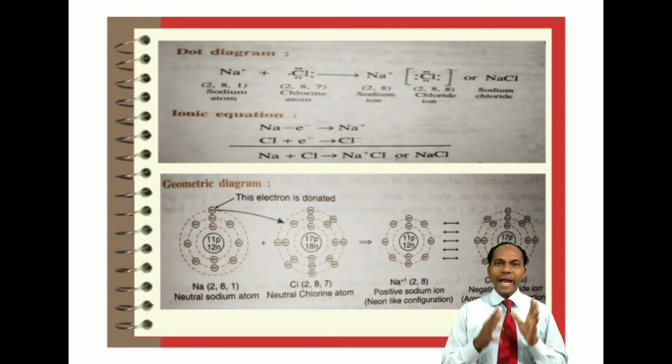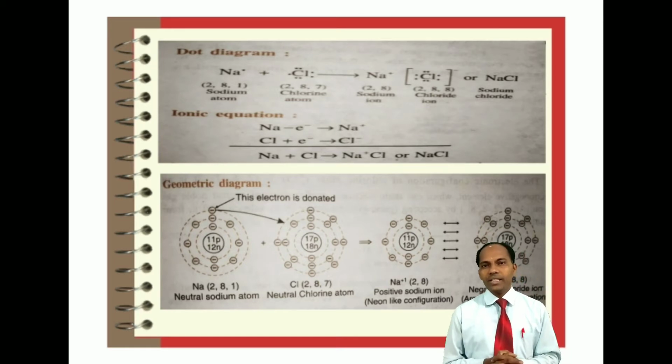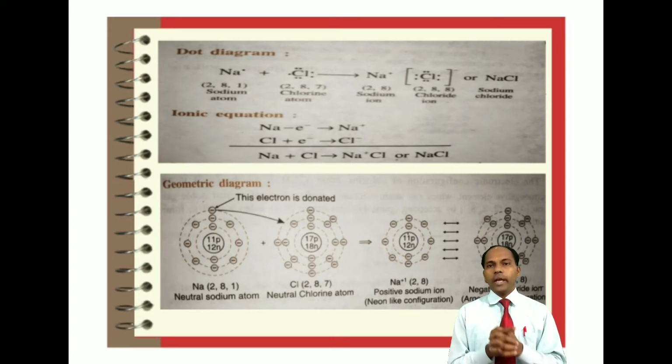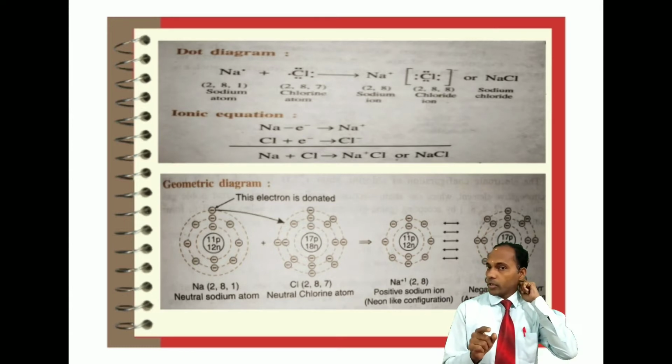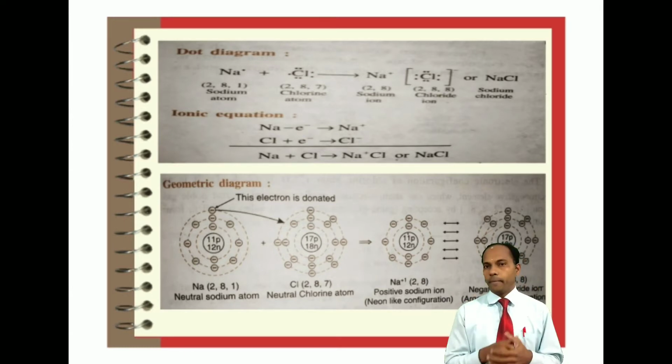And if you go through the geometric diagram, sodium's electronic configuration is 2, 8, 1. It has 1 electron in its outermost shell. So it has 3 shells: first shell 2 electrons, second shell 8 electrons, and third shell only 1 electron. Chlorine also has 3 shells: first shell 2 electrons, second shell 8 electrons, and third shell 7 electrons. So it has the electronic configuration 2, 8, 7.